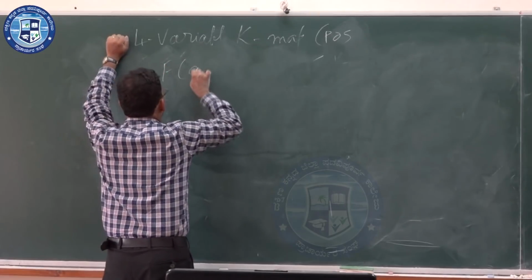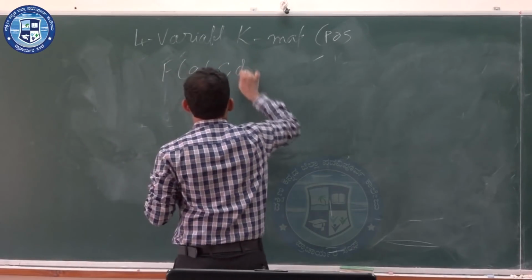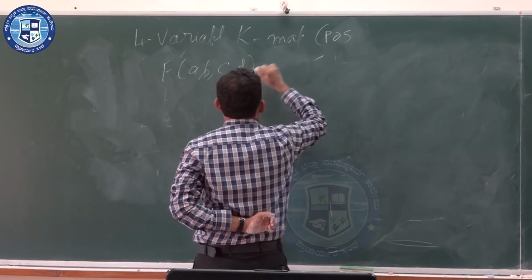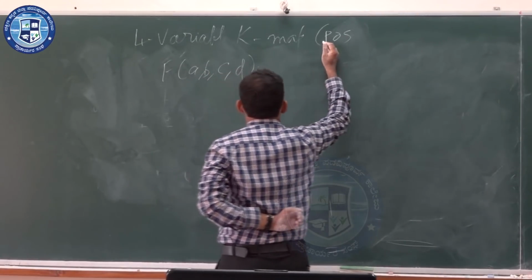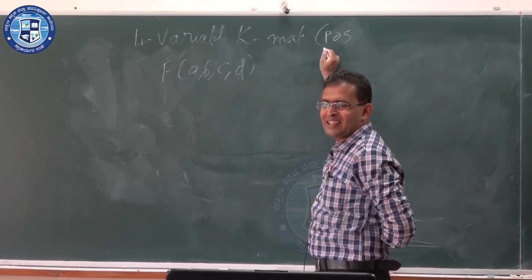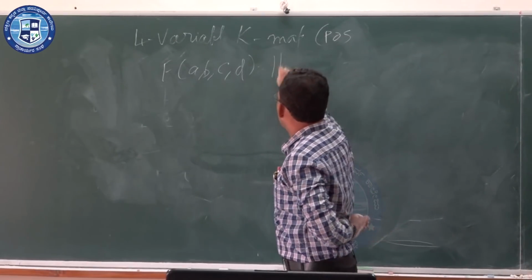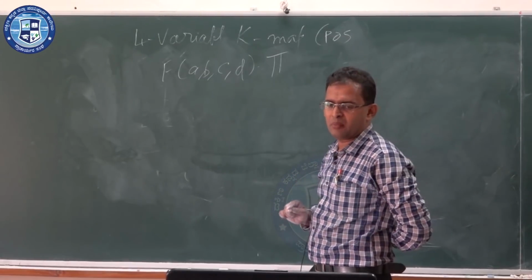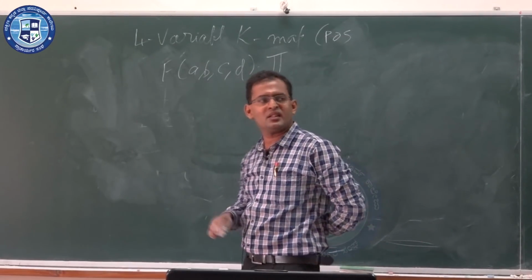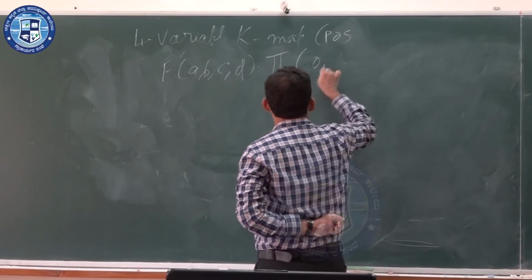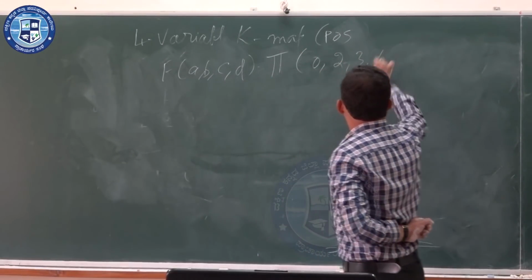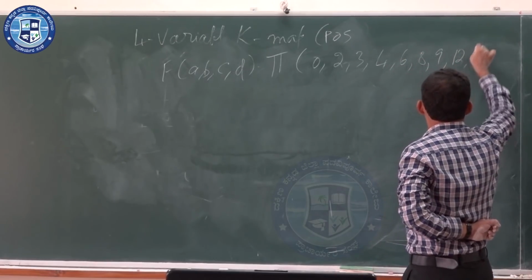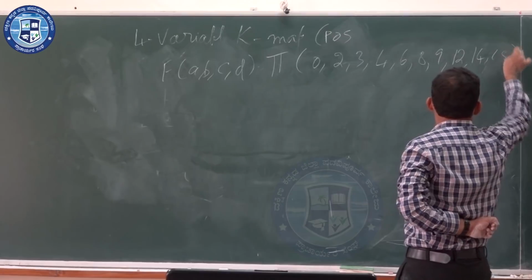So, f of A, B, C, D is equal to, here it is not summation, but it is pi. That is the difference, you have to keep it in mind. Whereas in the SOP it is summation, here it is pi of 0, 2, 3, 4, 6, 8, 9, 12, 14, 15.